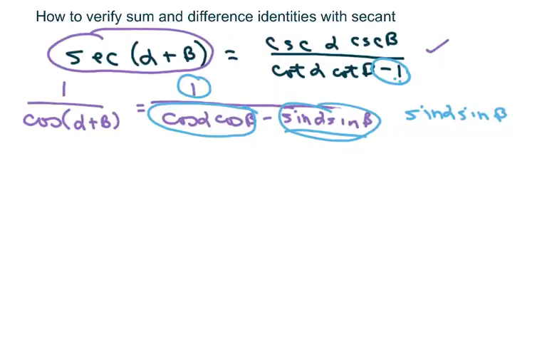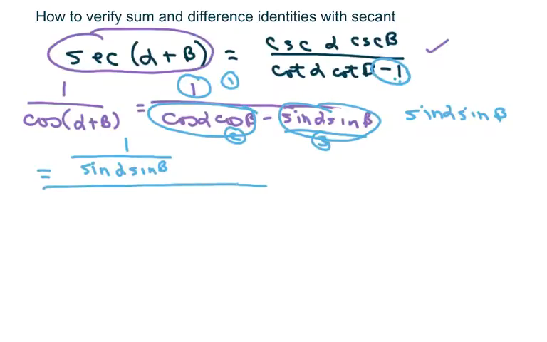And the more you do this, you'll see that you can kind of mentally see that this is going to work. So I'm going to take my 1 and divide by sine of alpha, sine of beta. I have to divide by each piece, this piece and this piece.